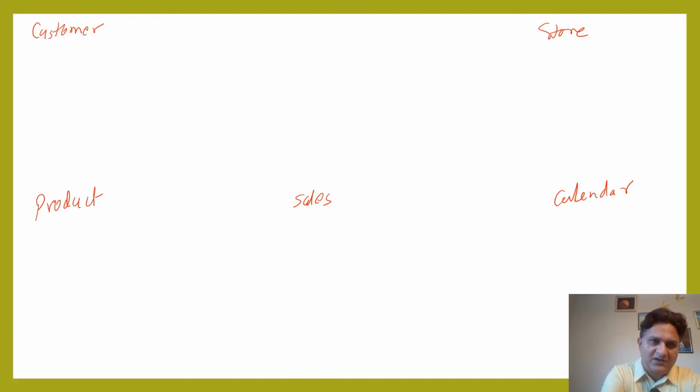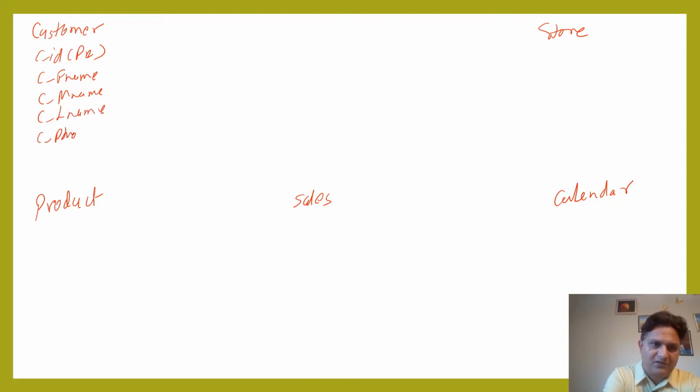In customer, let's say customer ID is our primary key. Customer first name, customer middle name, customer last name, customer phone number, customer email, customer address, customer card, etc.